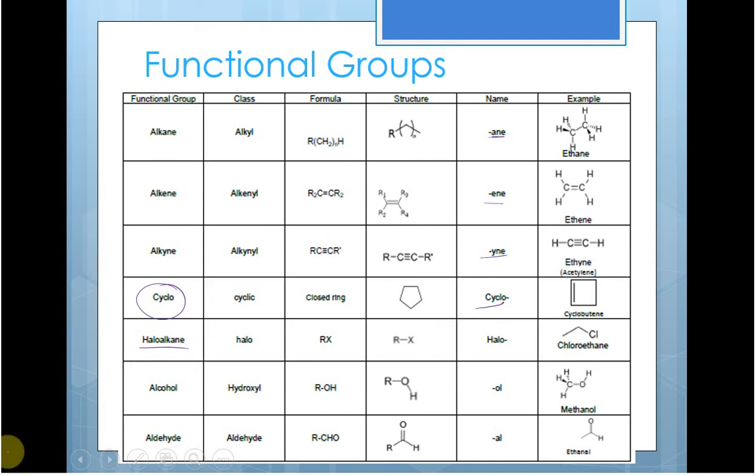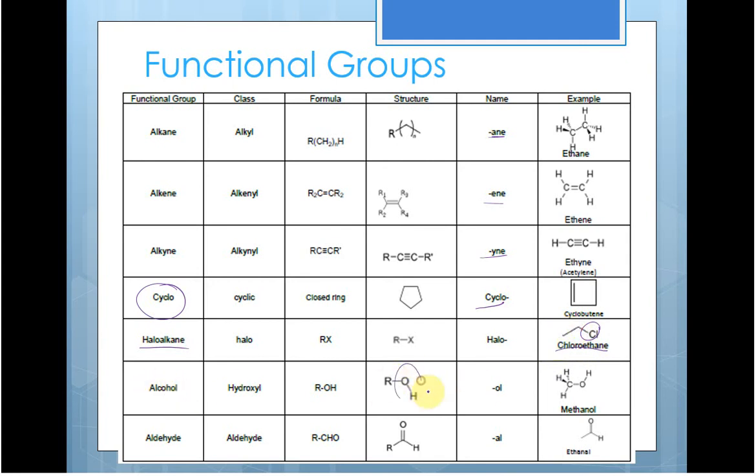Haloalkanes contain a halogen, so you're going to start with that as a prefix. So if you have a chlorine, it's going to be chloro. If you have a bromine, it's going to start with bromo. So for example, over here, this is chloroethane. Chloro, and then this is a 2-carbon group attached.